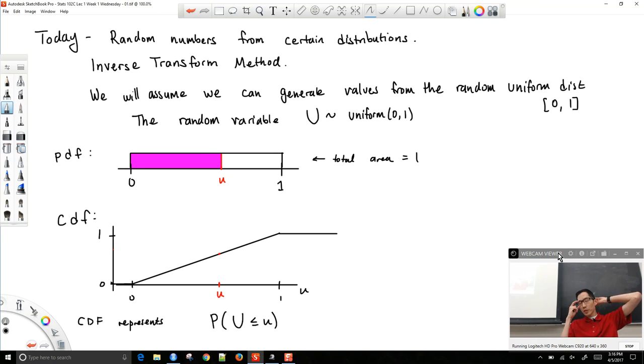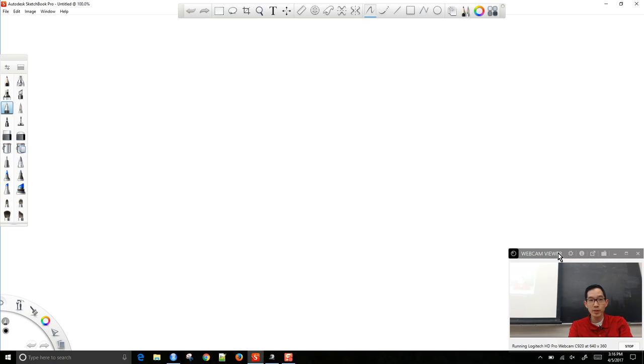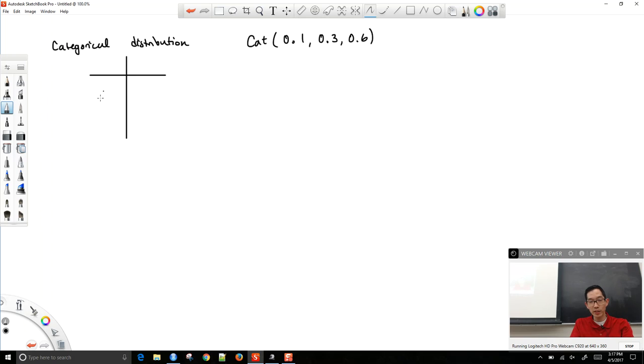Let's just start off with a super simple example. Let's say I've got this categorical distribution, which might be written as cat(0.1, 0.3, 0.6) or something like this, right? So this basically means we've got category A and the probability.